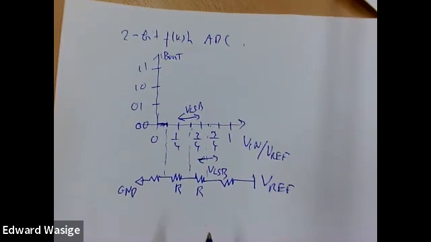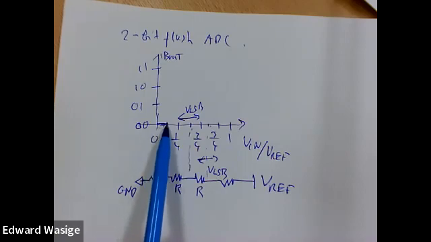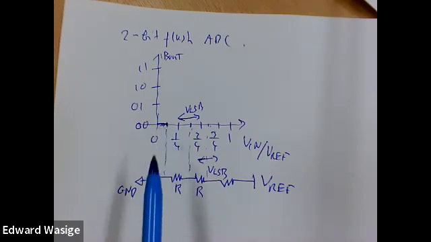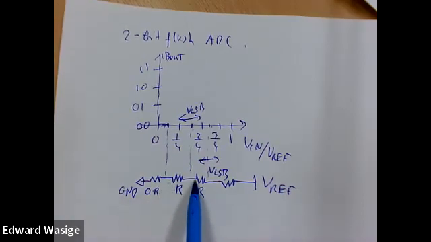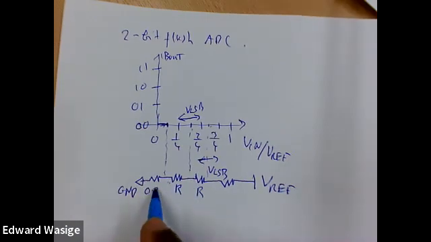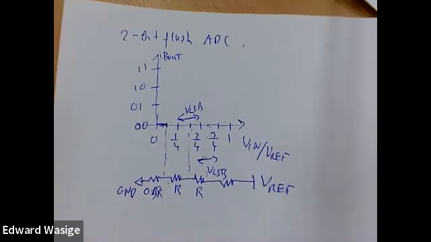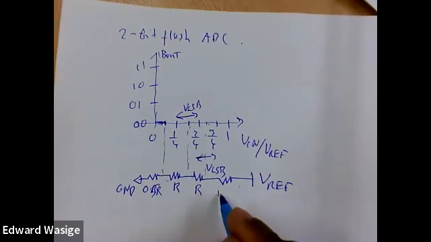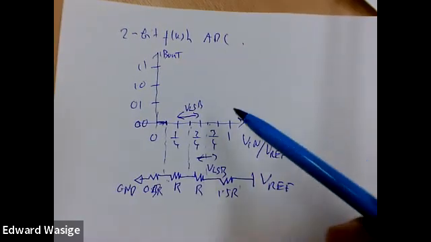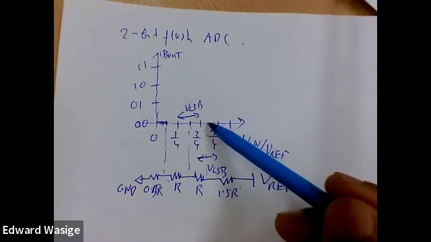For the first position, the voltage, we only take it up to half VLSB. So that means that we need to choose this as 0.5R, because if R gives a voltage drop of VLSB, 0.5R will give a voltage drop of half VLSB. And for the final one, it needs to be 1.5R, and the reason is quite simple.